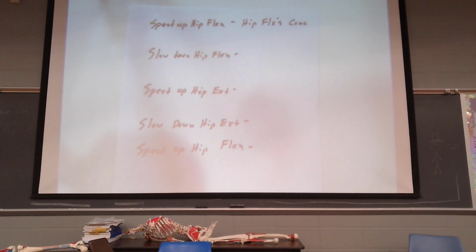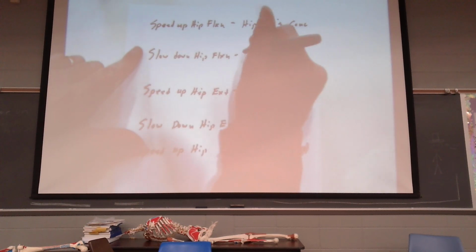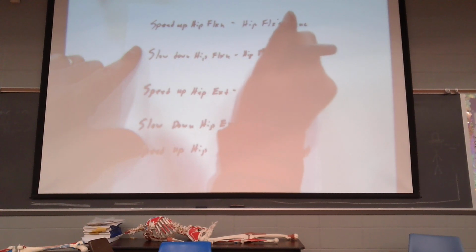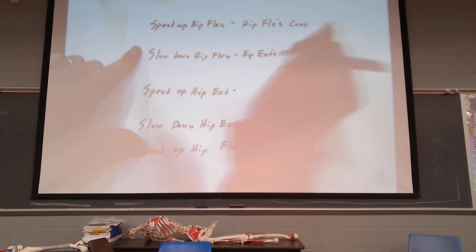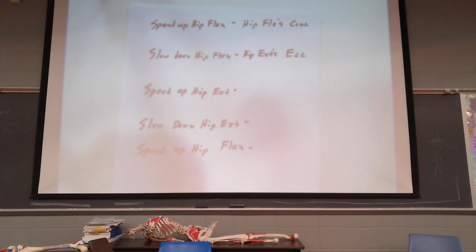So when it comes time to slow down the flexion, I want to turn these flexion pullers off, and I want to turn on these extension pullers. I want to turn these on to put on the brake of flexion. Does that make sense? So slowing down the flexion, hip extensors, eccentric.